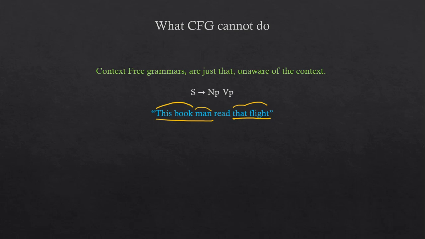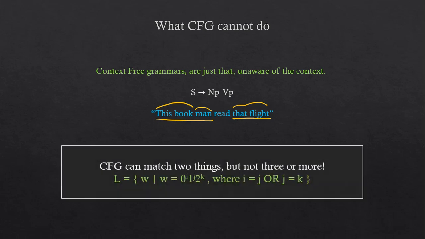They can store some form of memory, but that is still limited. A CFG can match two things, just like we saw in the example. We are matching the number of 0s and 1s, or the number of 1s and 2s. In both cases, we are matching two things, but it cannot match any more than that.